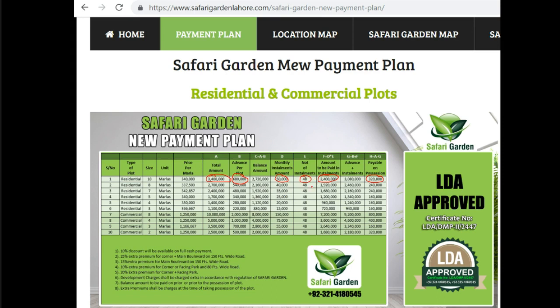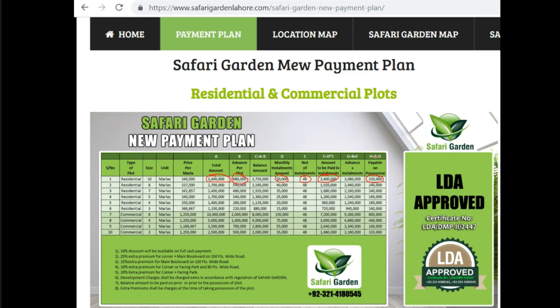So what this means is that you would first make a payment of 680,000 as a down payment. You would pay a total of 2.4 million rupees over the next 48 months. And in the last month, we are assuming that is when you will possess the property, in which case you will make a payment of 50,000 rupees and then an additional 320,000 rupees.